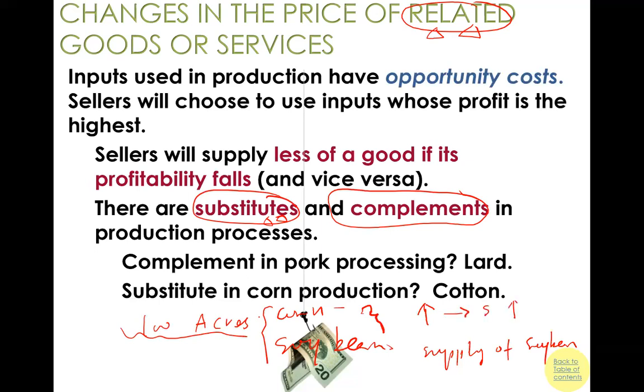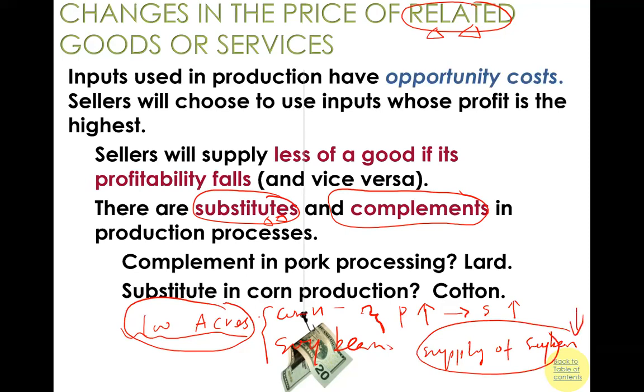So the price of corn increases, and then the quantity supplied will increase. Supply will increase for corn. Now, because land is limited, the farmer only has a fixed amount of land. If the farmer chooses to grow more corn because the price of corn increased, that leaves less land to grow soybeans. And in the end, the supply of soybeans will decline.